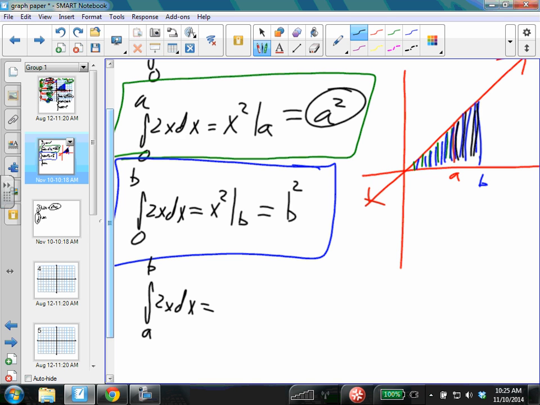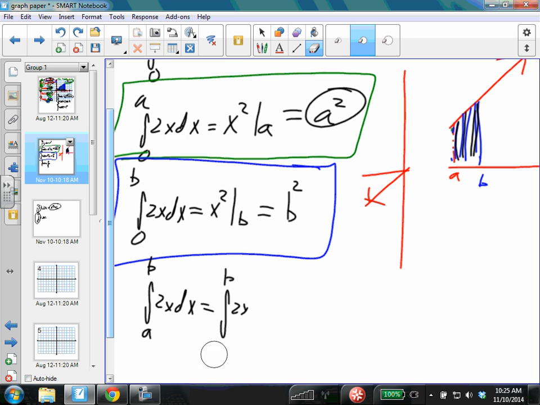What you do is take all of b, which would be the blue stuff in here, and take away all of a, which is the green stuff. If we do the blue minus the green, we'll be left with the area from a to b.